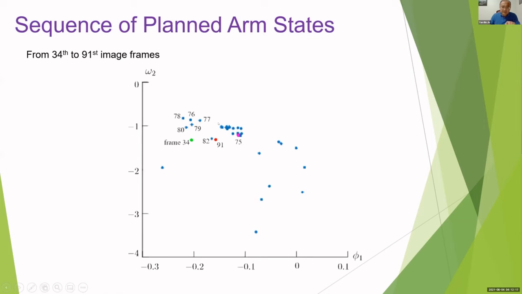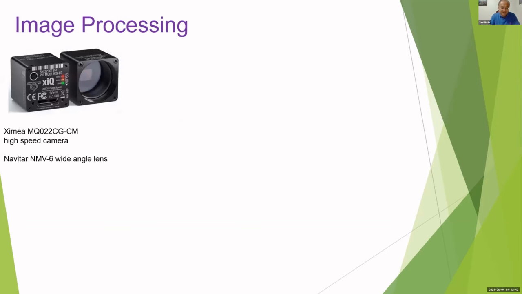These estimates, V1 and omega 2, represent, at the supposed batting moment, the joint angle of joint one and the angular velocity of the second joint. Later on they become more and more concentrated, which means they seem to have reached a consensus.